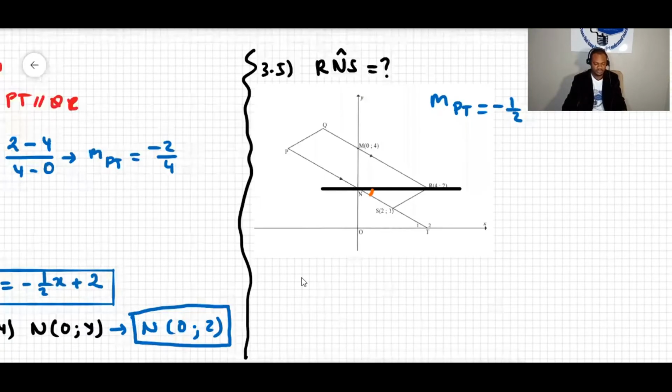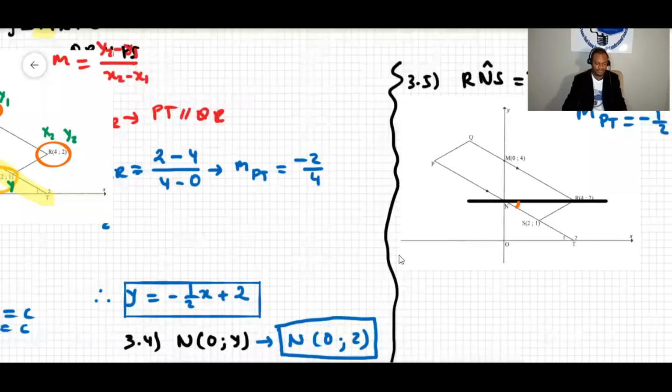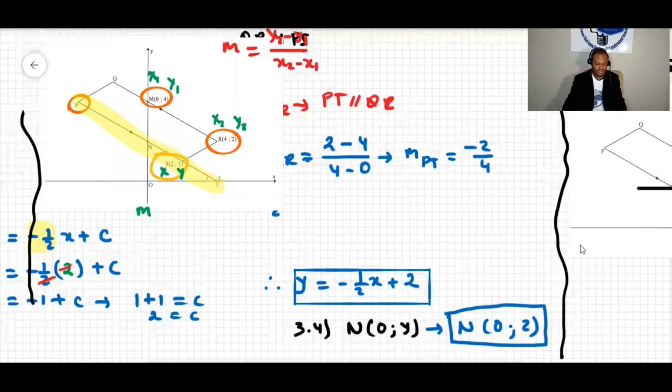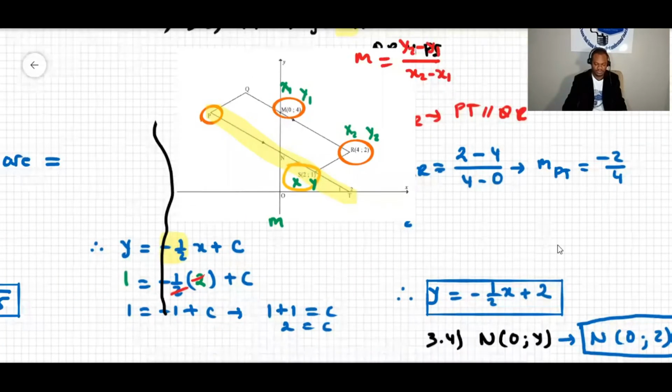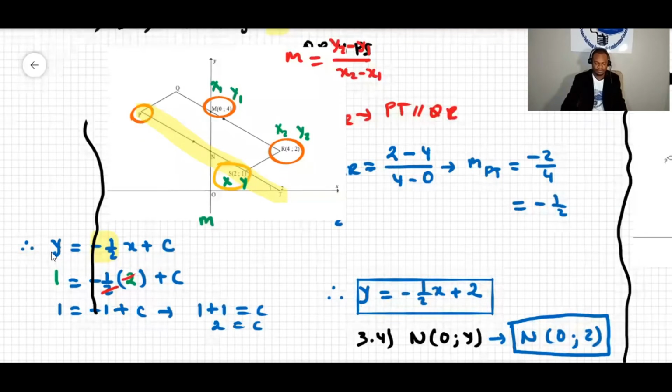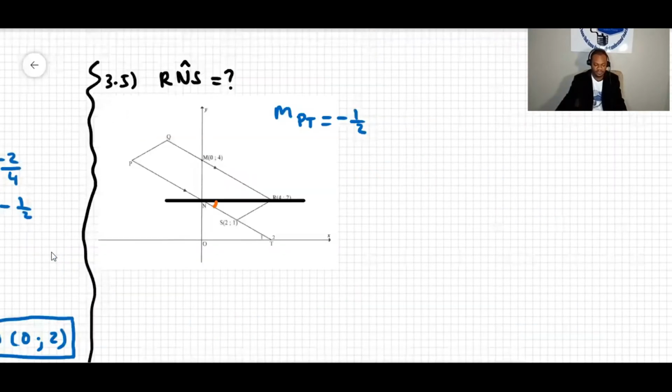We found it to be -2/4, which is a half. We can work it out. This is -1/2. So now the gradient of PT is equal to -1/2.